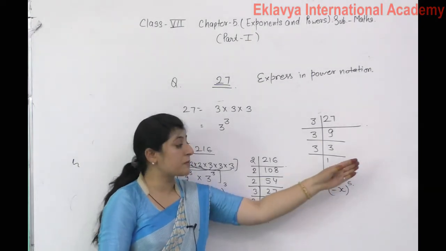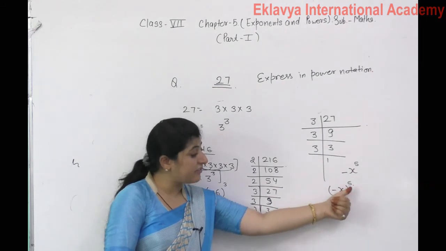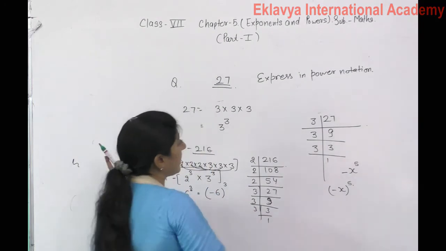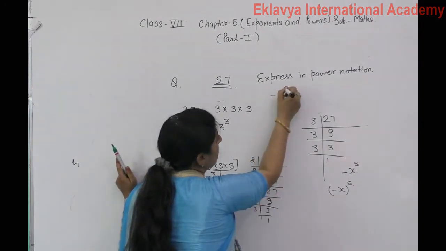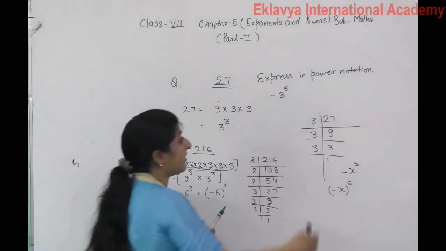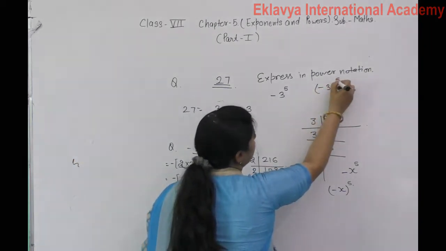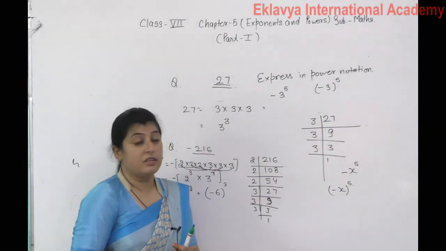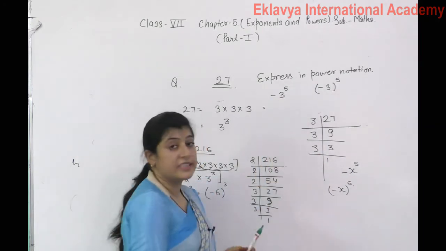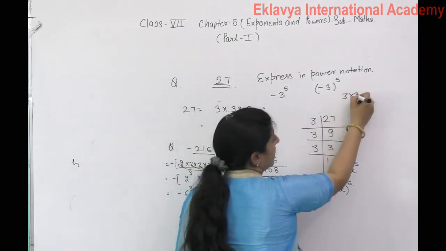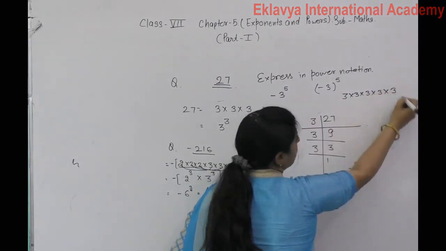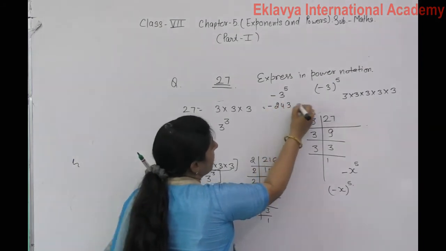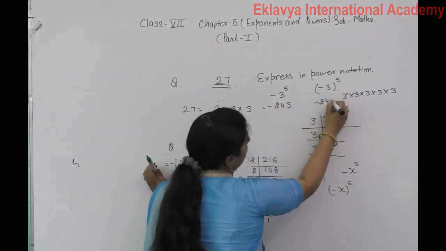If I take minus 3 power 5, or if I write minus 3 whole power 5, in this case you will get the same answer. 3 power 5: 3 3s are 9, 9 3s are 27, 3s are 81, 3s are 243. So this answer is minus 243 and this answer is also minus 243.